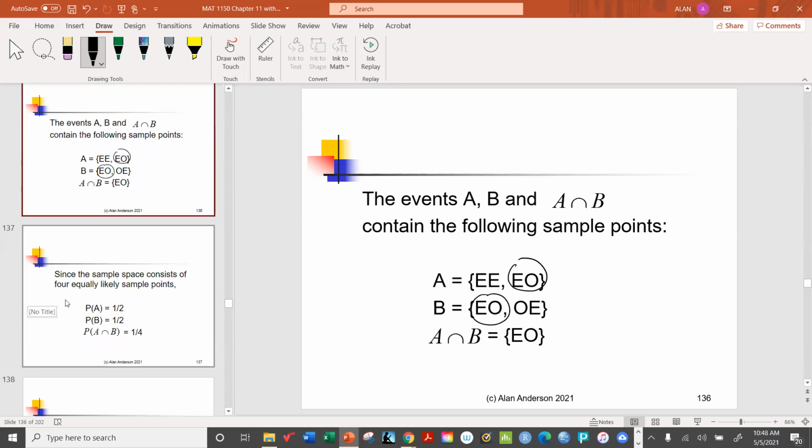Now, you might remember we had this discussion last time. The way we defined this experiment was that we roll the die twice, and each time we observe whether it's even or odd.